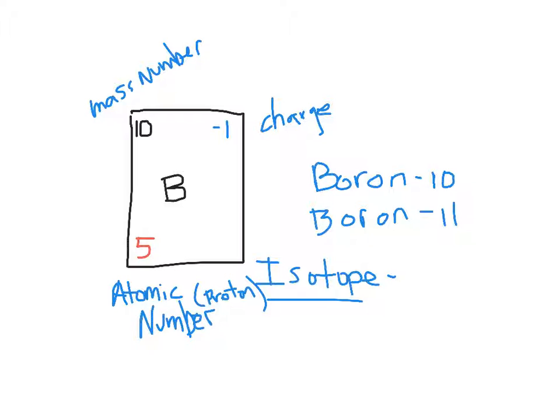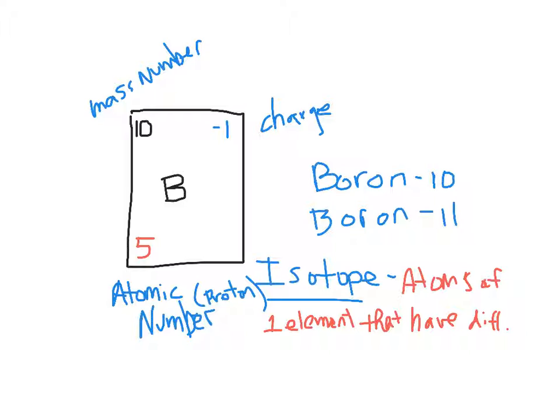So isotope is when you have, let's see, how should I write this out? They are atoms of one element that have different masses.